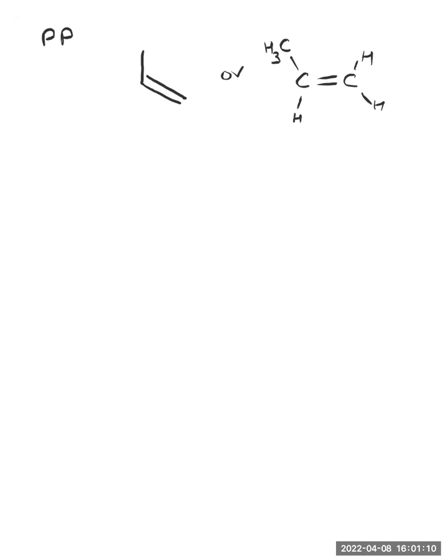Now what we want to do is draw the polymer of this. This is the monomer, so let's go directly to the polymer chain. In the polymer chain, we're going to have these monomers.